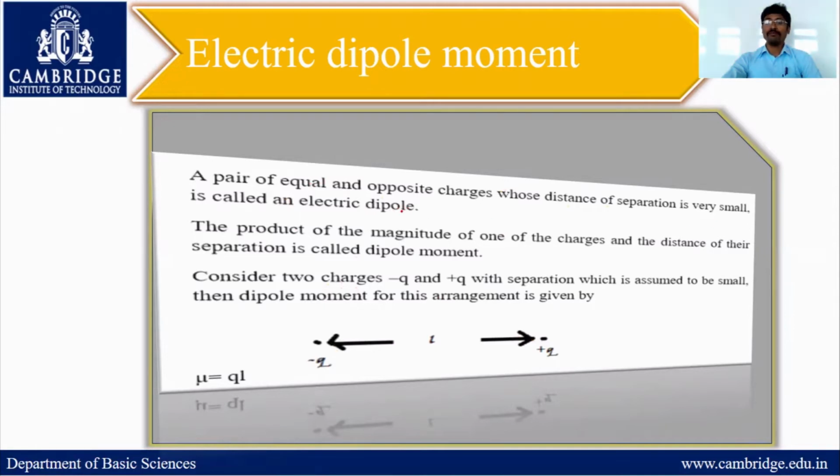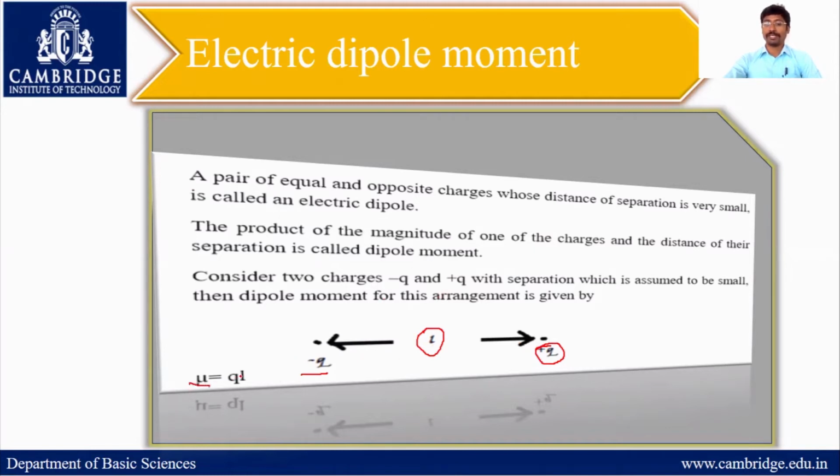A pair of equal and opposite charges whose distance of separation is very small is called an electric dipole. Now, what is a dipole moment? It is the product of the magnitude of one of the point charges and the distance of separation. The distance of separation is L. Either plus Q or minus Q, anything we can consider here. I have considered plus Q as one of the point charges and the distance of separation is L. The dipole moment is denoted by mu.